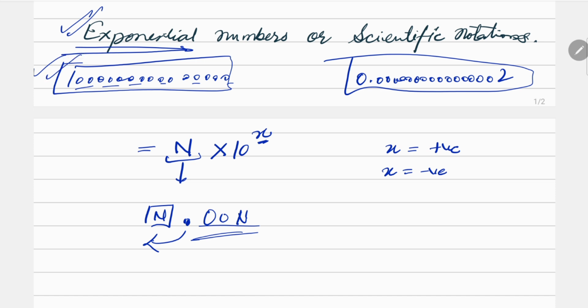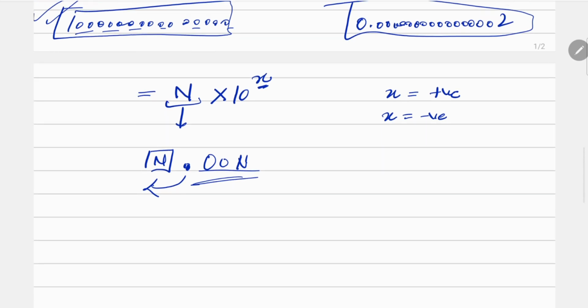Let's take the example we have already taken, a number like 1 followed by zeros. I'm not counting these numbers, I'm writing whatever my heart desires. So let's count these zeros: 2, 4, 6, 8, 10, 12, and 14 zeros are there.